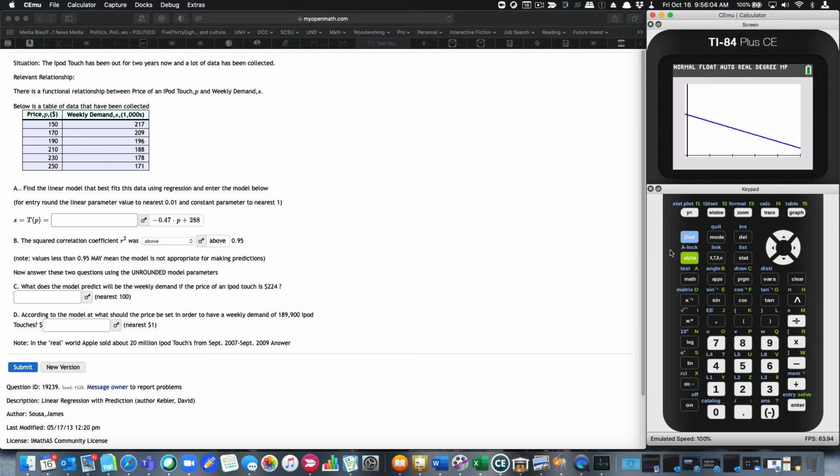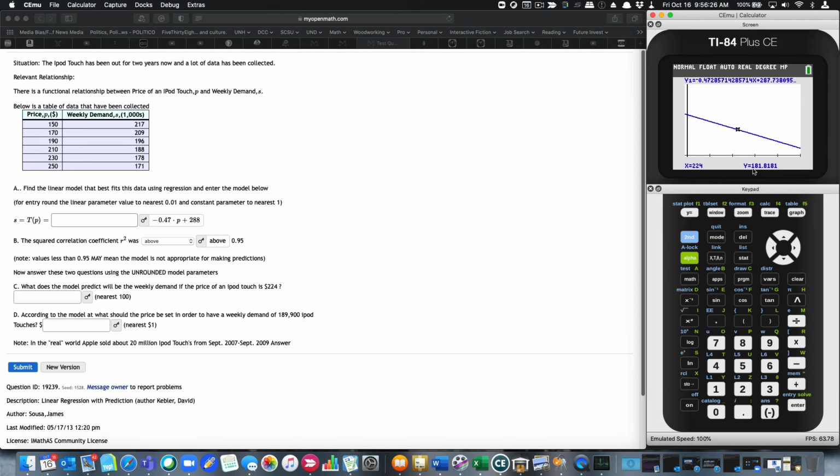Now I'm going to use the calc function, second trace, to get to calc, and I'm going to ask for a value. See how it flashes X? I'm going to ask for 224. Hit enter. It's going to tell me the Y value that goes with it. There's our equation. The Y value that goes with it is 181,818.